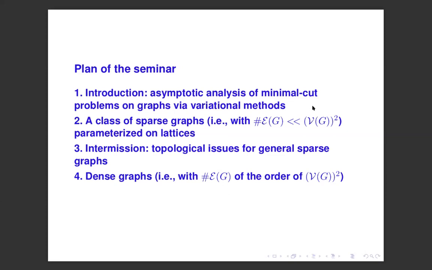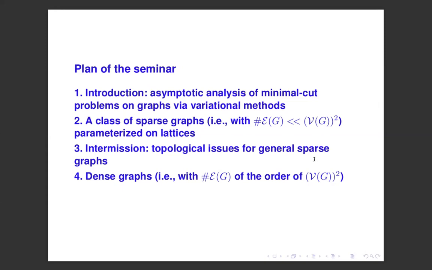We embed the graph in some lattice of some dimension, and we suppose that the number of edges is much smaller than the total possible number of bonds, so pairs of the lattice. Then we will see that we have a description in this case, but somehow we see the arising of some issues due to topology.